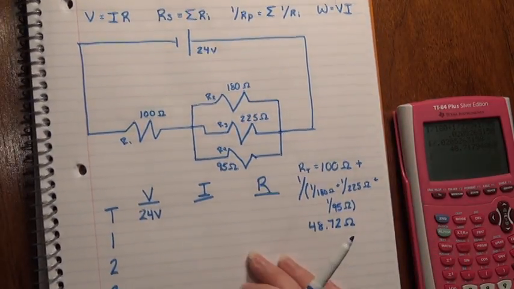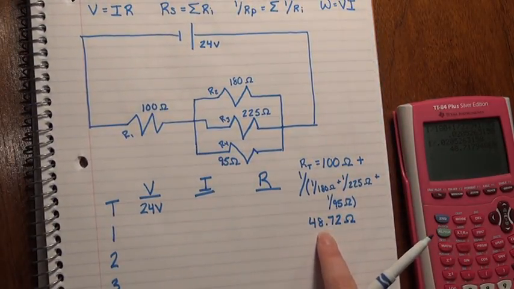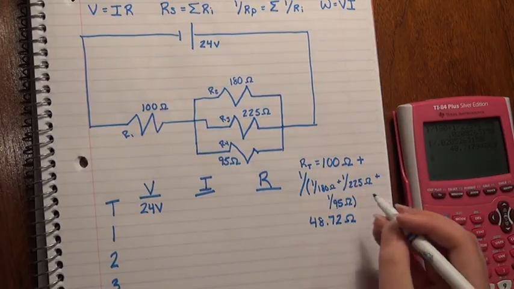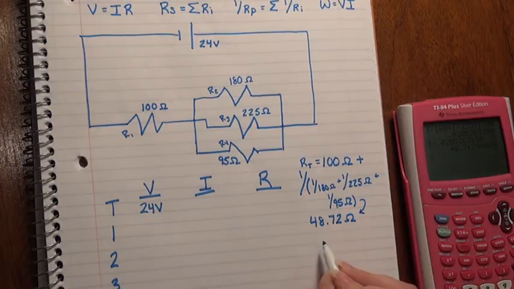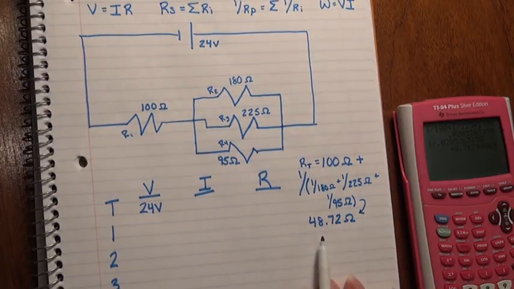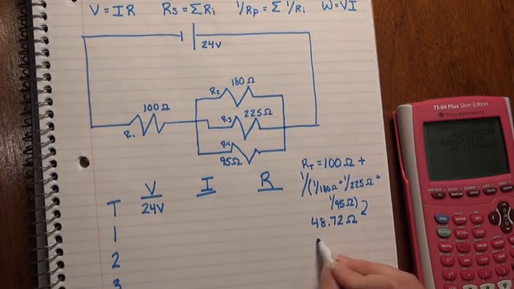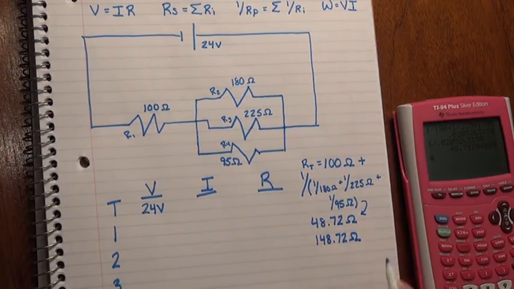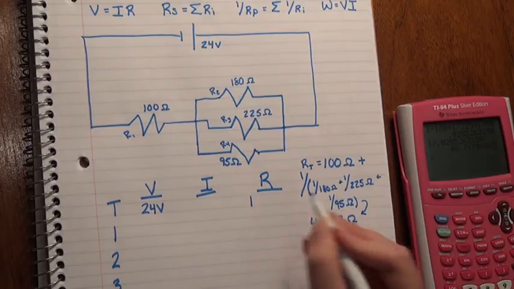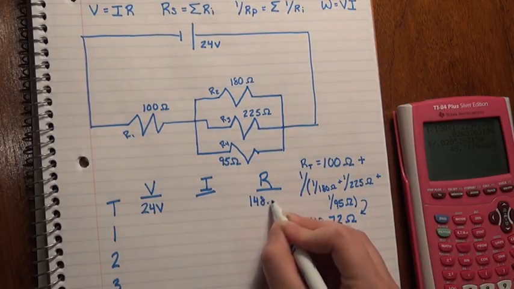And so we can now add this to our 100 ohms, and so what we now have for our total resistance is 100 plus 48.72, or 148.72 ohms, which we can then write in our column right here.